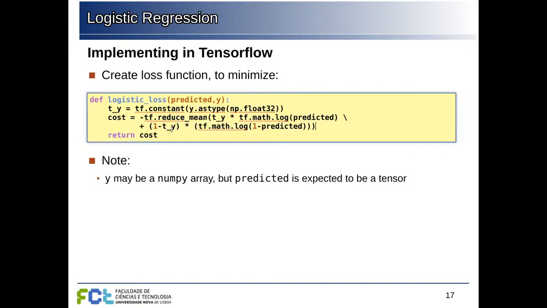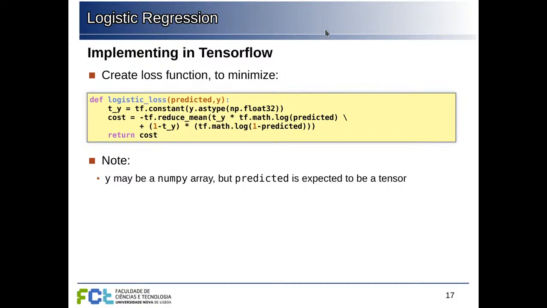Note that since we are using tensors here and these operations from TensorFlow, all of these operations in the computational graph are being associated with the corresponding derivatives. So we don't need to worry about that part. TensorFlow is doing that automatically. And all we need here is to return the cost.